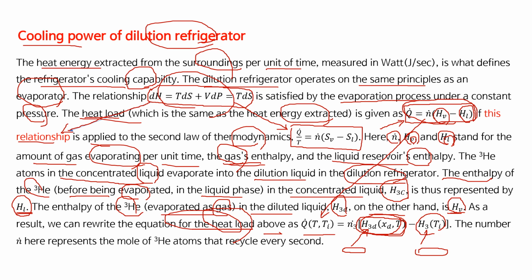So helium-3 in the concentrated liquid is evaporated into the dilute liquid, so we can have this relationship. The number n dot here represents the moles of helium-3 atoms that recycle every second.